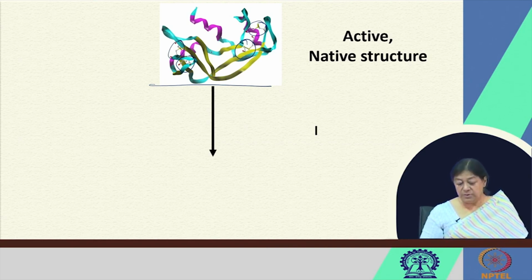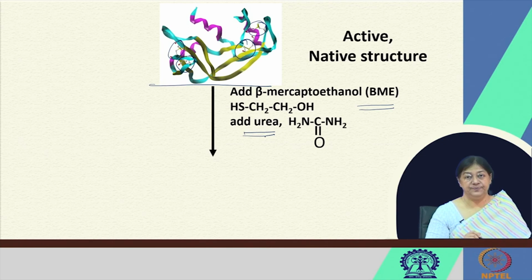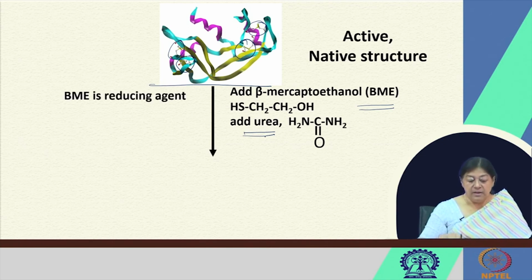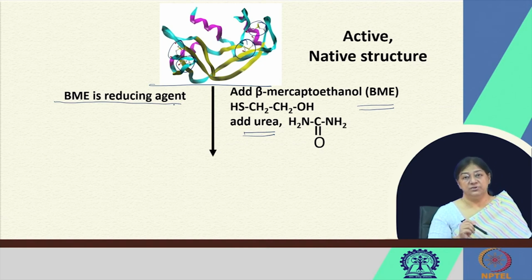Now, the experiment went as such that there was beta mercaptoethanol added to the protein and there was urea added to the protein. Why? Beta mercaptoethanol is a reducing agent. In the reduction process, what is happening?